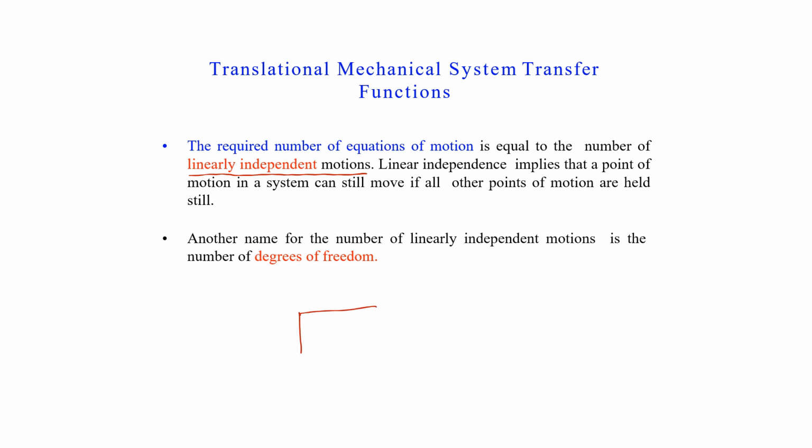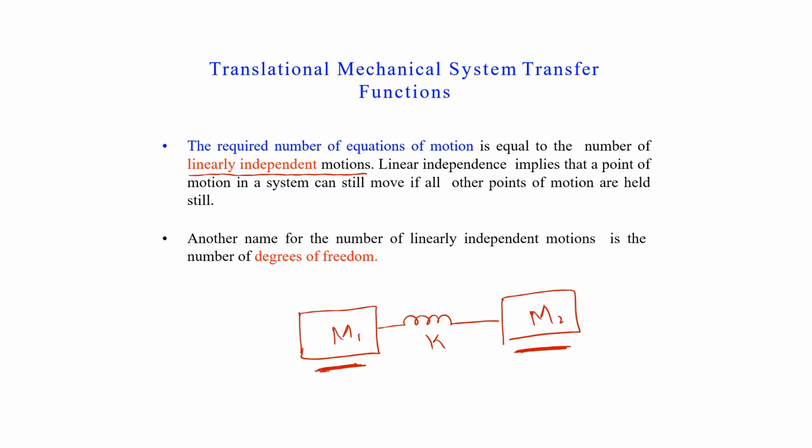So let's suppose we have two bodies here, one with the mass m1 and another with the mass m2, and both are connected with a spring with the spring coefficient k. From here we can see that both of the bodies can be moved irrespective of the other one. If I hold m1 still, I can still move m2, and similarly if I hold m2 still, I can still move m1.